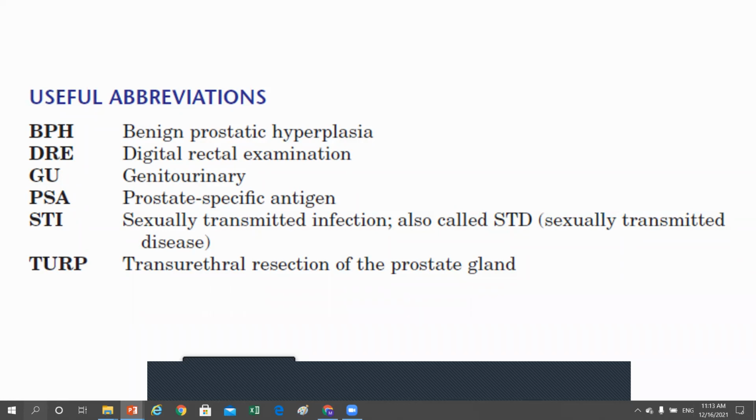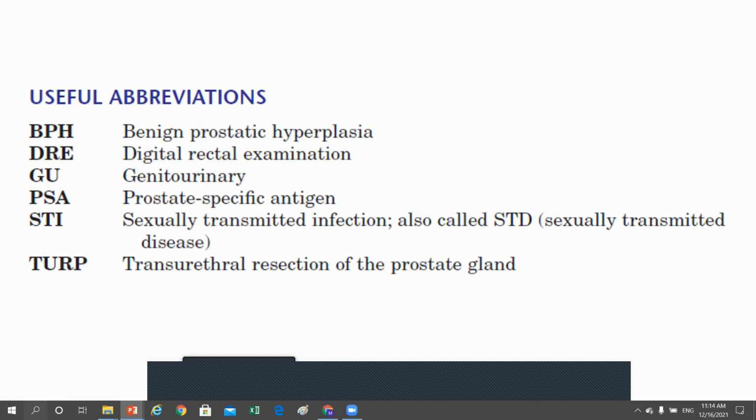PSA, prostate specific antigen, is an antigen which increases from the normal range in enlargement of the prostate. STIs, sexually transmitted infections, or STDs. Some people use the word STD. So sexually transmitted diseases, like we have named already, gonorrhea, syphilis. These diseases can only be transmitted by sexual contact.